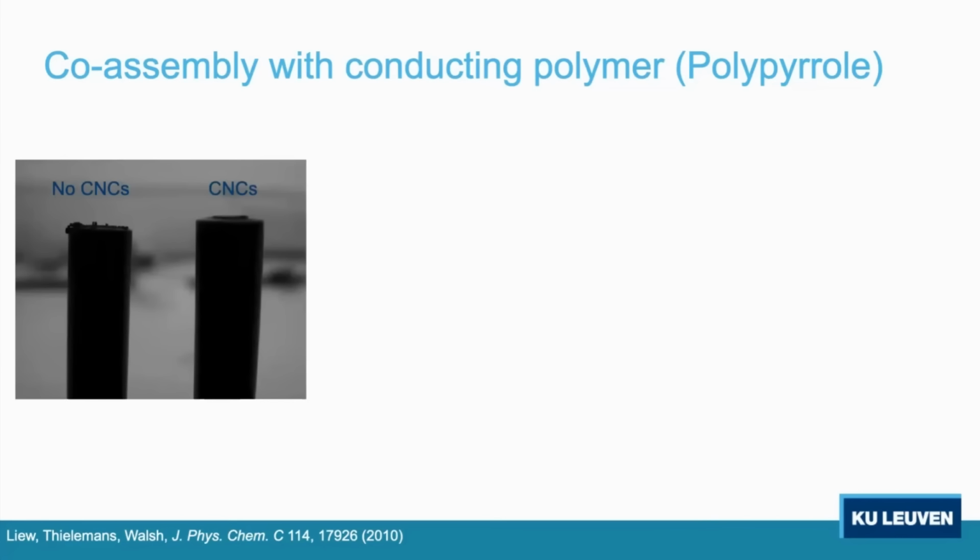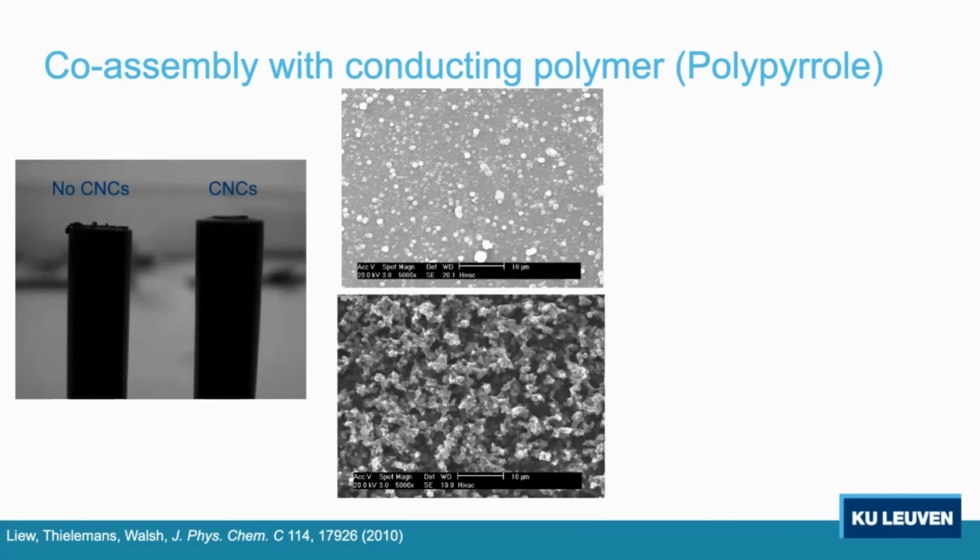If you normally deposit polypyrrole on an electrode, you get kind of a mess on your electrode. With the CNCs, it grows very nicely as a cylinder from your electrode upwards. Again, the deposit with the CNCs is nicely porous, whereas this deposit of polypyrrole by itself is more scattered.